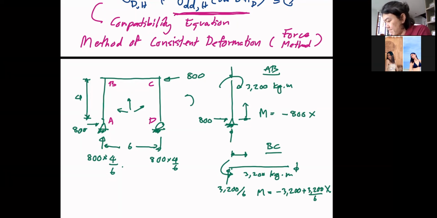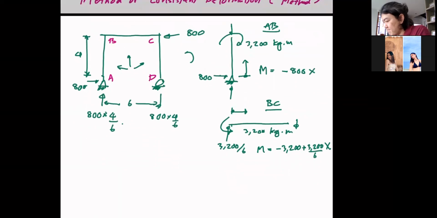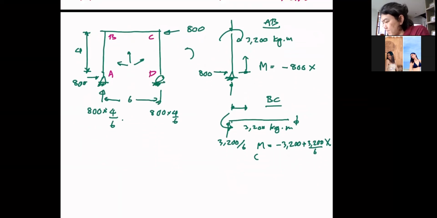But if you choose more smartly and you begin your x from here, from B to C, your moment equation can be, because I position myself here inside the frame, I'll see this as a negative moment of 3200 over 6x.